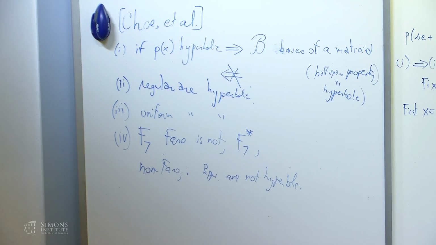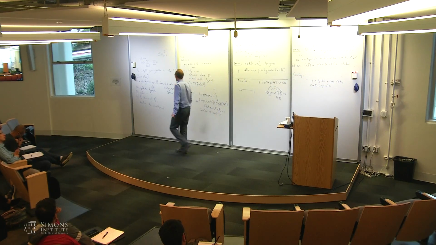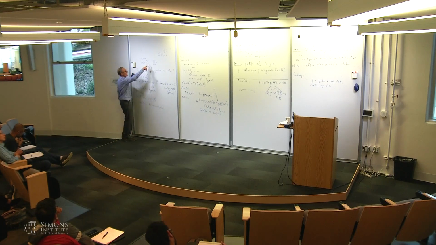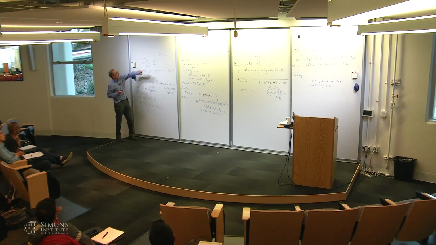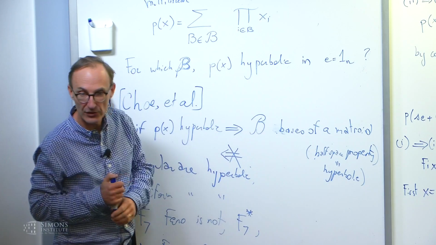Any questions? Is this the same as strongly Rayleigh matroids, or what is the difference? Yes, that's the same. I put coefficients of 1, but you can put other coefficients.